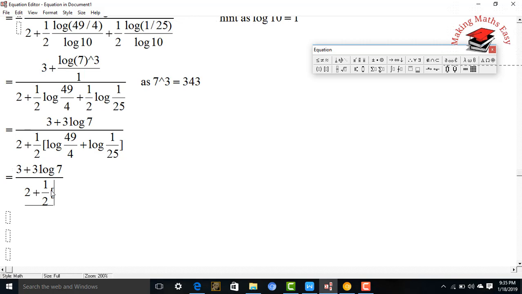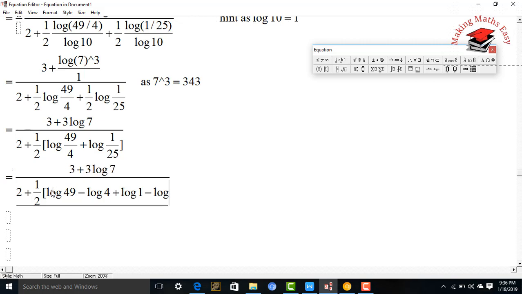What is log of 49 upon 4? As we know that it is a case of division, so log of 49 upon 4 will give me log of 49 minus log of 4, plus log of 1 minus log of 25. Okay, so this is also one of the logarithmic properties.